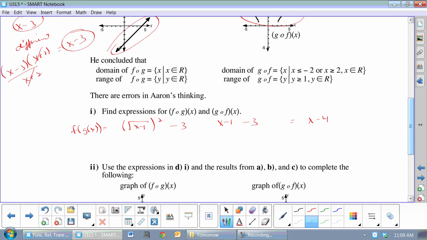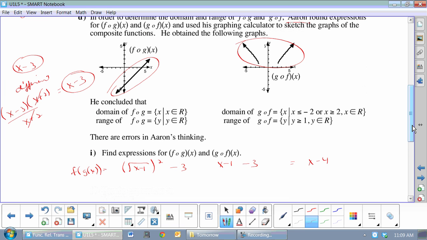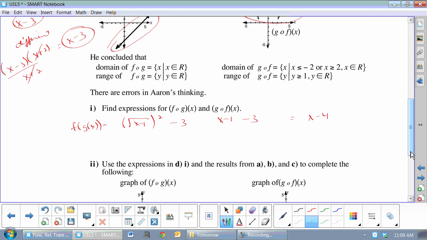Now, Aaron just went and graphed x minus 4, and he got that graph, and he says, hey, x is in the reals. So he just looked at the answer. He ignored everything before it. If you don't ignore everything before it, why is our x minus 4 different than the one he put in? Because we have a restriction.